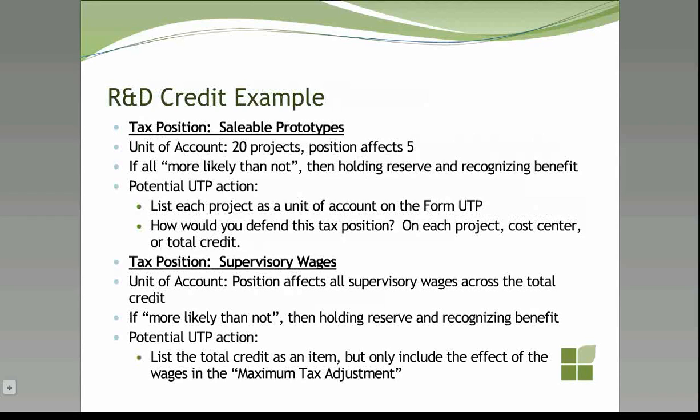So that's an example for a tax position unit of account. And the UTP is really just going to base off what you have for FIN 48. But I think you have to take a hard look at the things in your FIN 48, because that information is now being leaked onto the UTP form, and further going to be questioned.